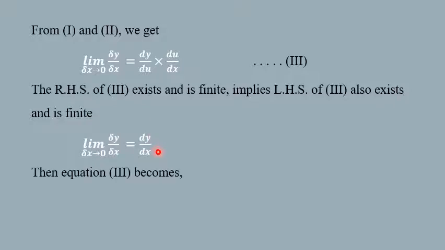Substituting this value in equation 3, we get dy by dx is equal to dy by du into du by dx. This rule is known as the chain rule, and using this rule it is possible to find the derivative of a composite function.